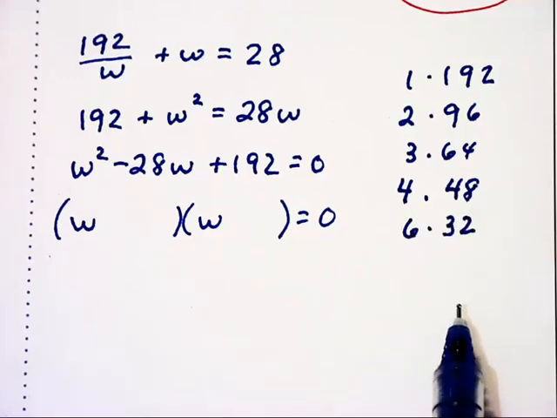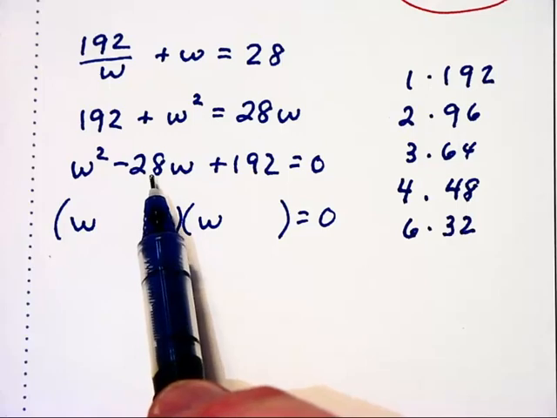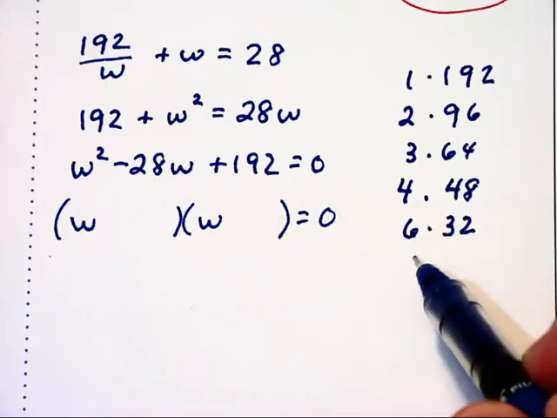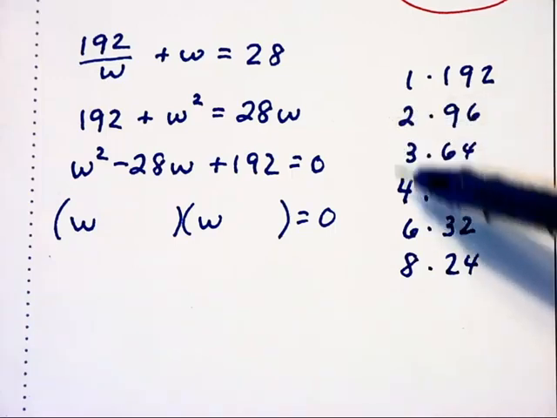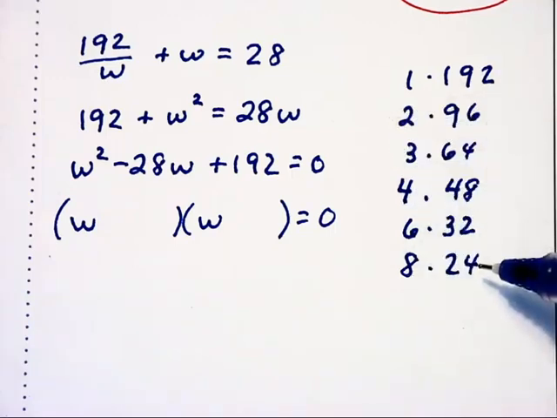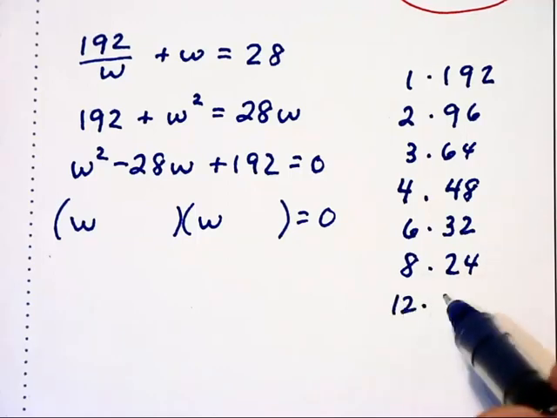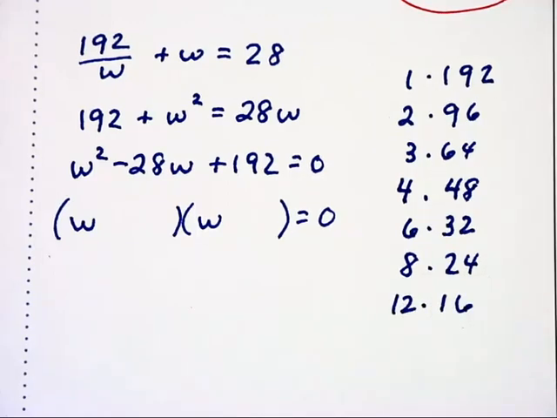Okay, close, but that's not going to make 28, is it? So let's keep on going. 8 times 24. Notice as one list is increasing, the other list is decreasing. Turns out that 12 times 16 is our winner here.